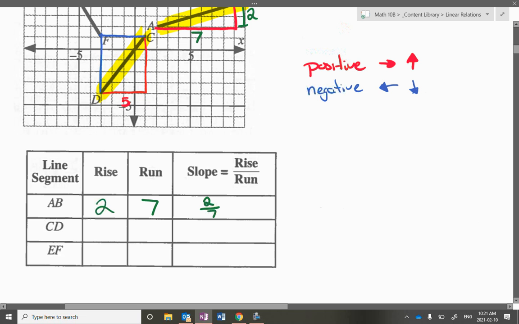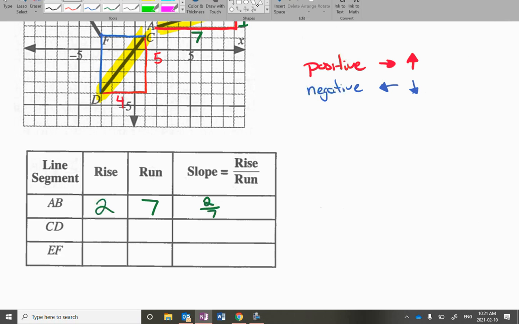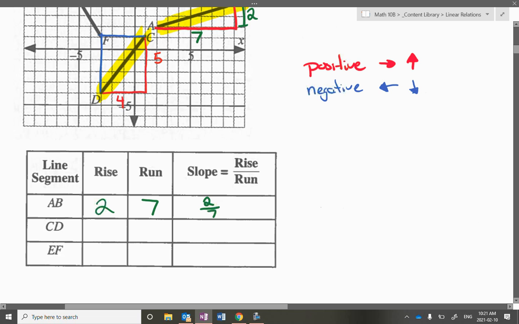Is that correct? No, 4. 1, 2, 3, 4. Yeah, my run is 4, my rise is 5. But if I was counting the other one, in blue, I'm going to the left 4, so I would say it's -4. And then I'm going to go down 5, so it would be -5.